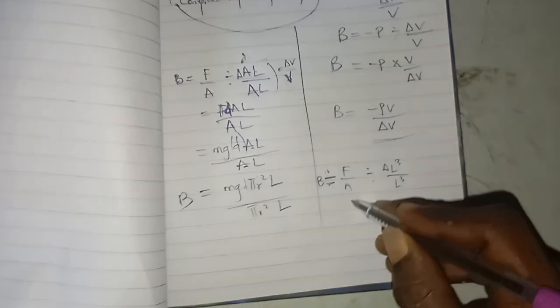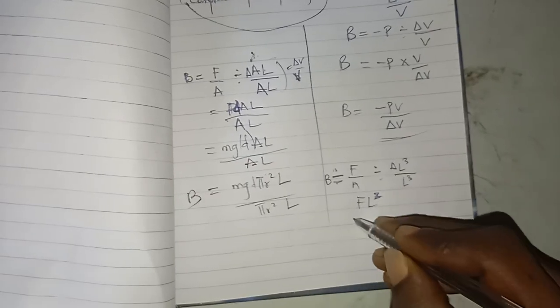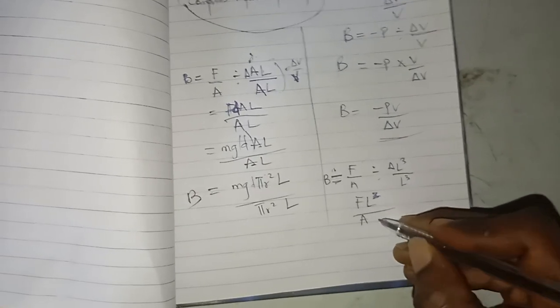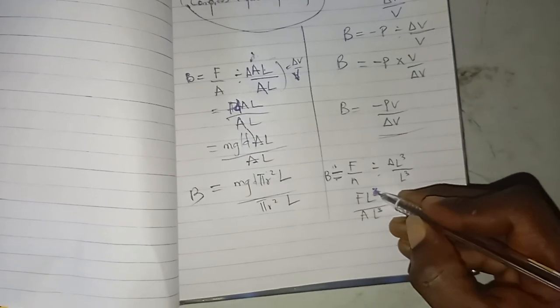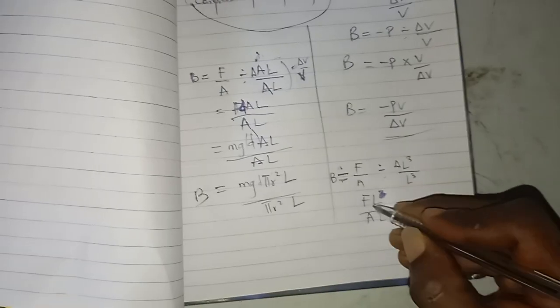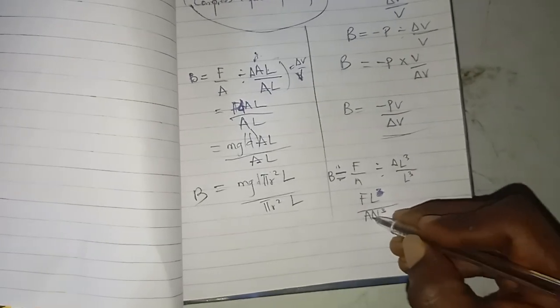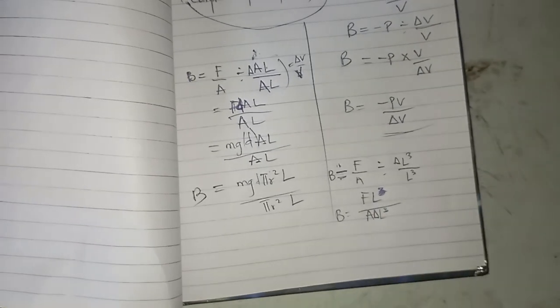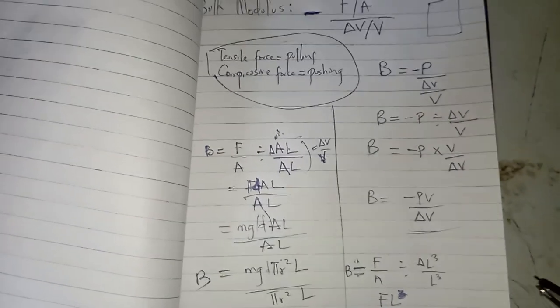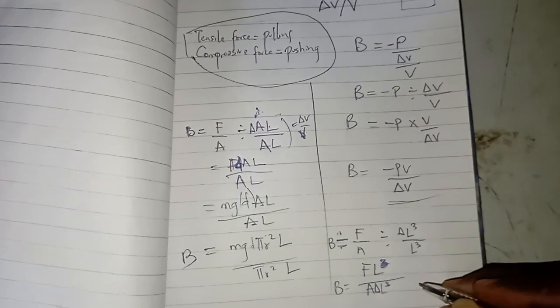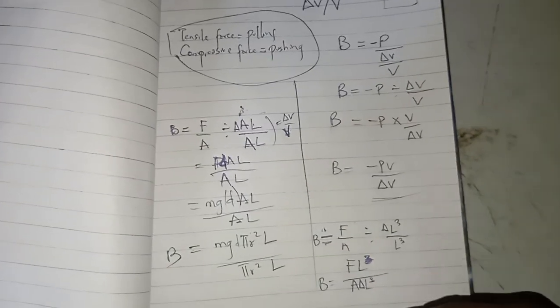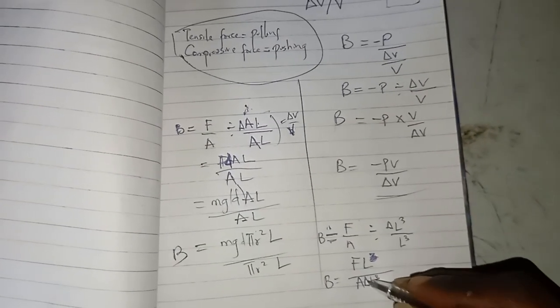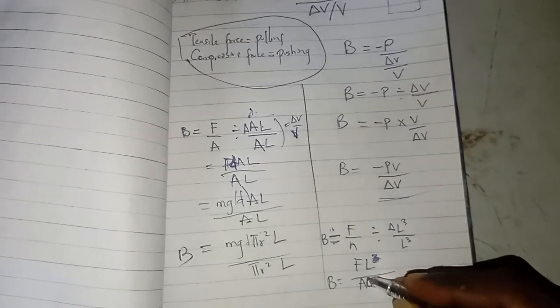This can be the same thing as saying F L cube all over A, changing L cube. So if you get confused, what I'm trying to do is expand, to show you different ways you can use this thing to go on and on. Some of you want to get it immediately, but you have to take your time. You watch it and know what I'm starting with.